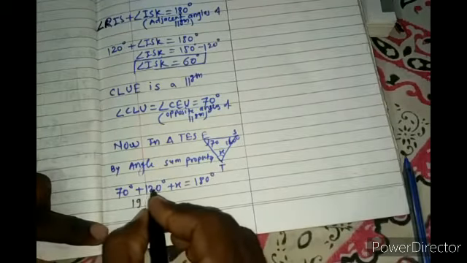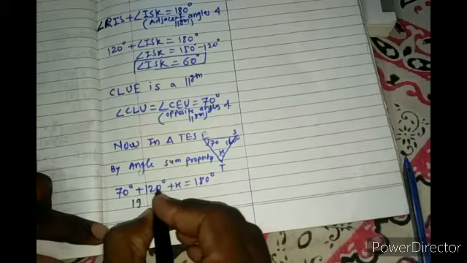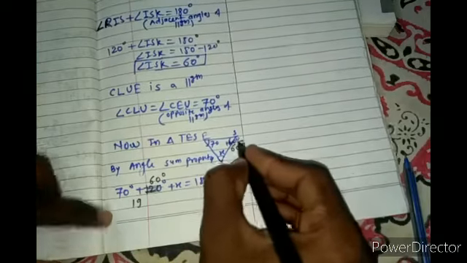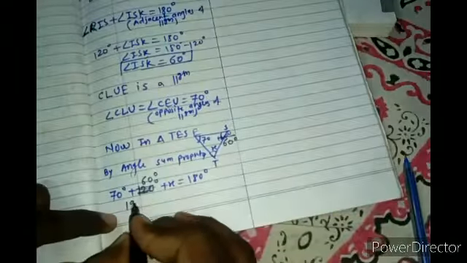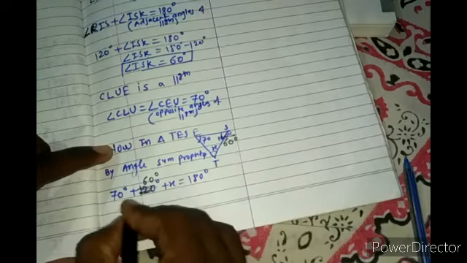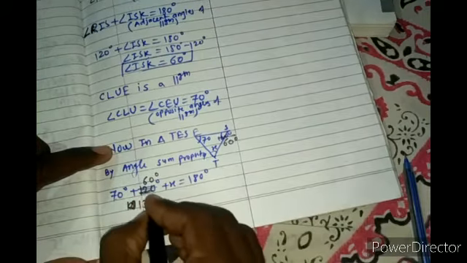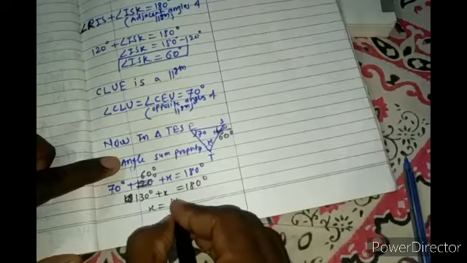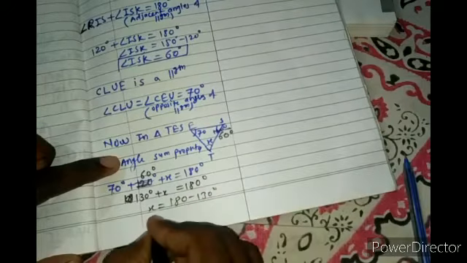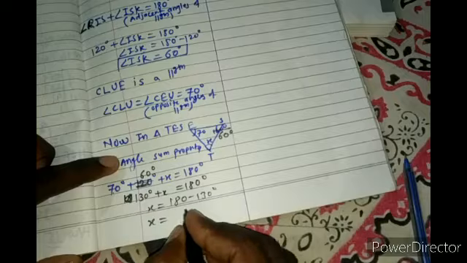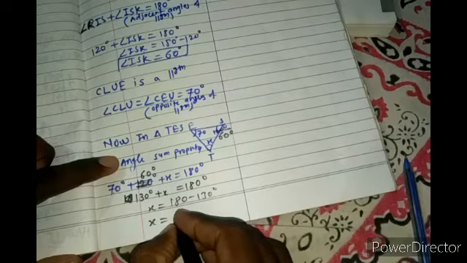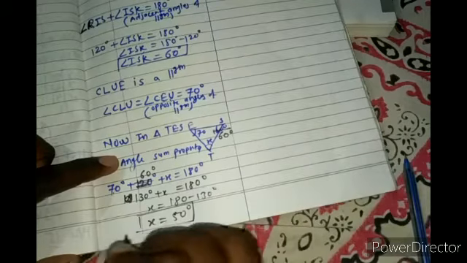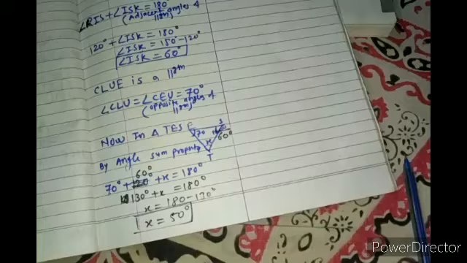Mistakenly we have taken 120 here, because this is a 60-degree angle, right? It is already mentioned; by mistake I have taken it, I am sorry. So 70 plus 60 is 130 degrees, plus x equals 180 degrees. So x equals 180 minus 130. What is the value of x? It is 50 degrees, right? So in this way we can find the value of x.